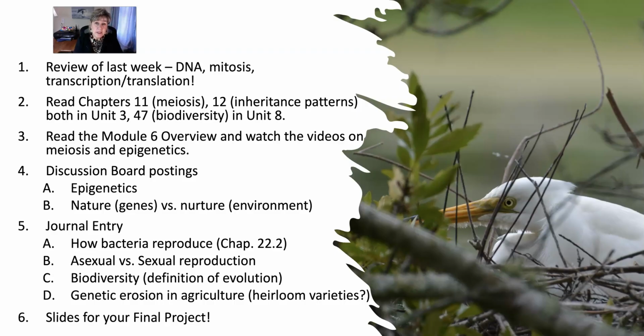All right, this week you're going to learn about meiosis, which is another type of cellular division, but it's where more division happens between the chromosomes, and this happens when sex cells or gametes are being produced, because you have to have half the number of chromosomes because you have the combination of an egg and a sperm that come together.